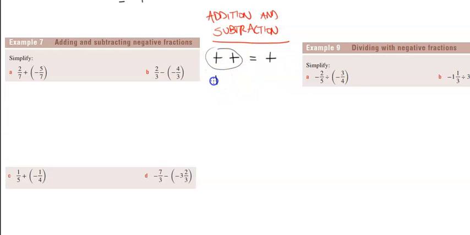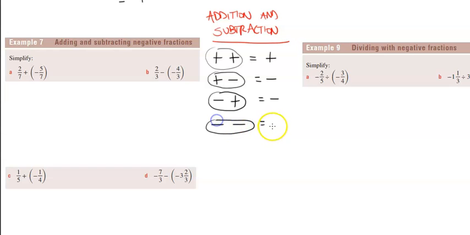If we see a plus and a negative put together, we're going to circle them and we're going to turn them into negative. Conversely, if we see a negative and a positive, this is also the same as a negative, and two negatives when put together will give us a positive.